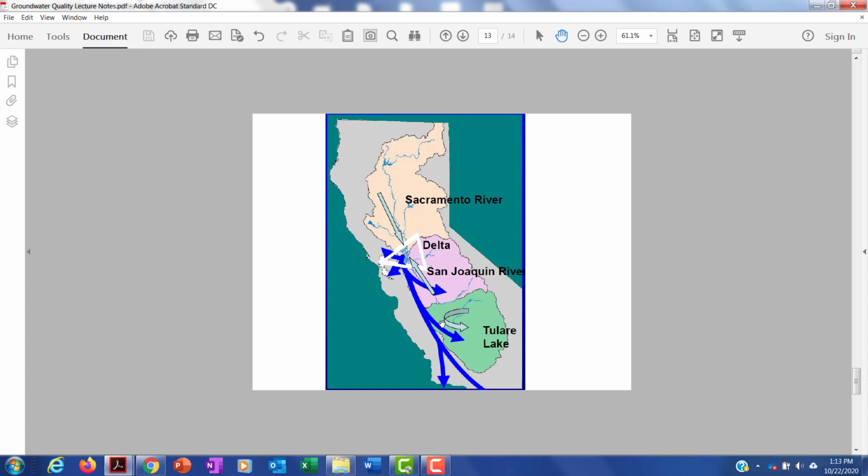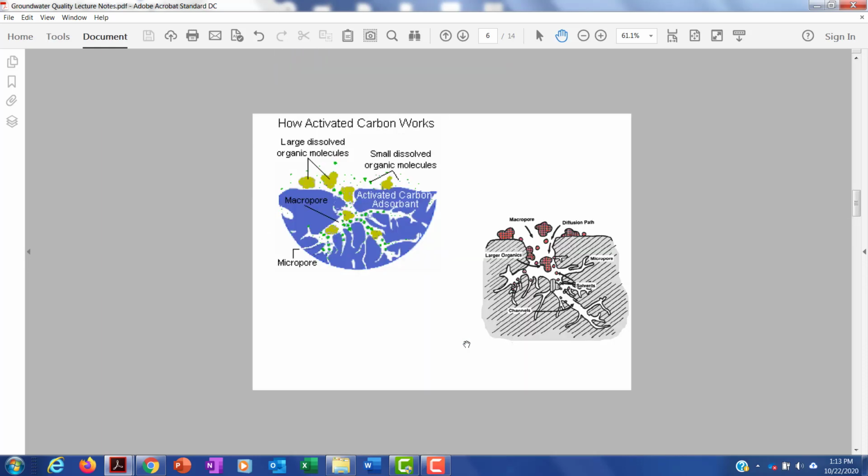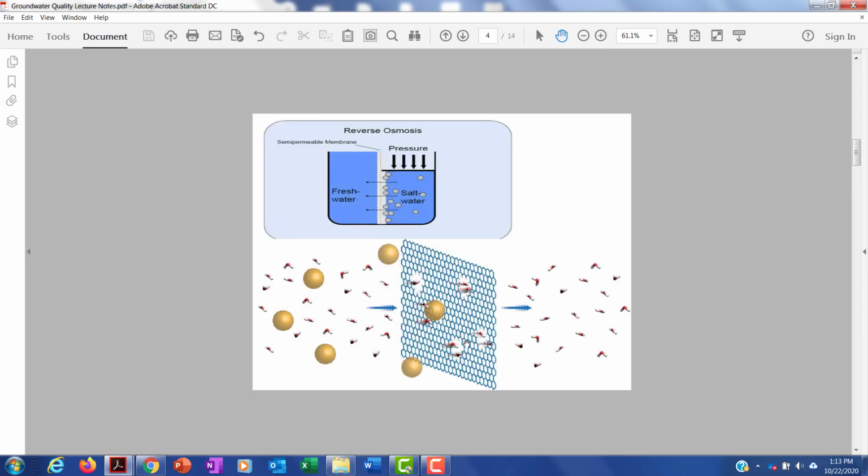One answer that's on the table is to pump out the salty water, pump it out of the ground, run it through reverse osmosis, and then you have nice clean water to irrigate with. The problem with using reverse osmosis is when you take salty water and shove it through a filter like this, yeah, you get great water coming out.